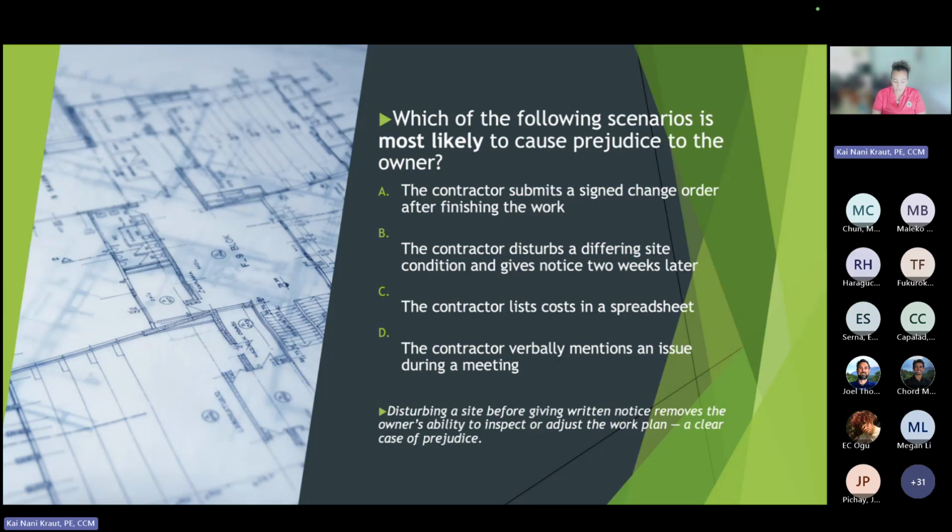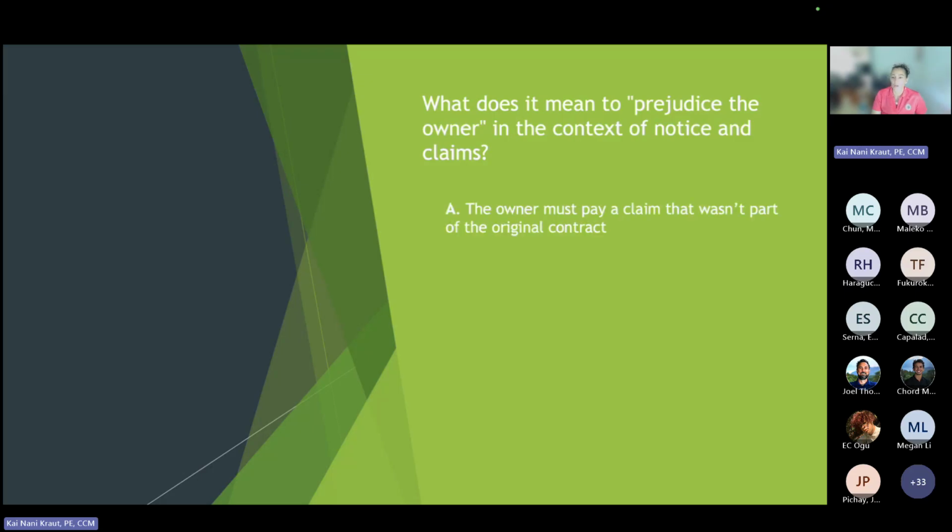different than the contract. Okay, so thank you all for your participation so early in the morning. So that is prejudice. Let's talk about it again. What does it mean to prejudice the owner in the context of notice and claims? The owner must pay a claim that wasn't part of the original contract. Is that what prejudice to the owner means?